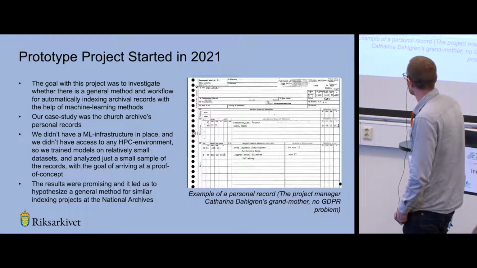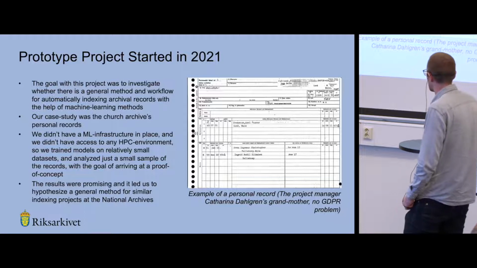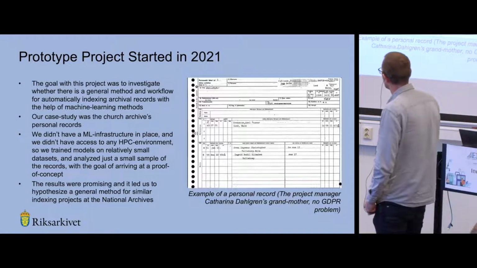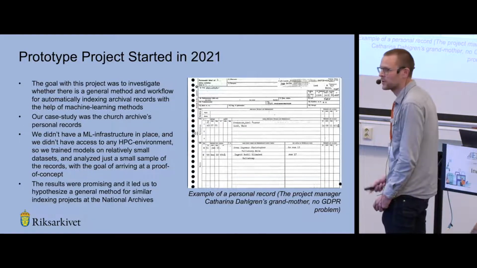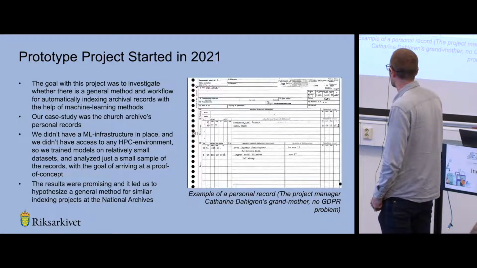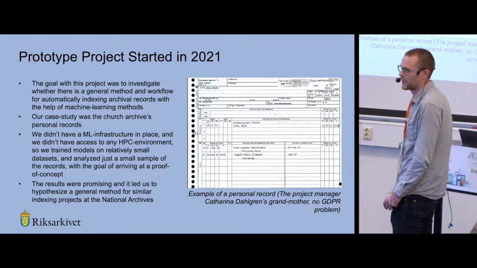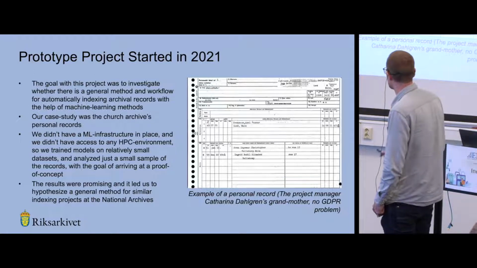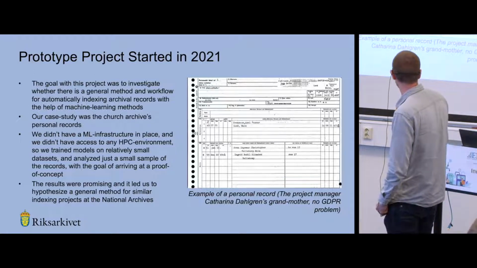This started as a prototype project in 2021. The goal with this project was to investigate whether there is a general method and workflow for automatically indexing archival records with the help of machine learning methods. Our case study was the Church's Archives personal records.